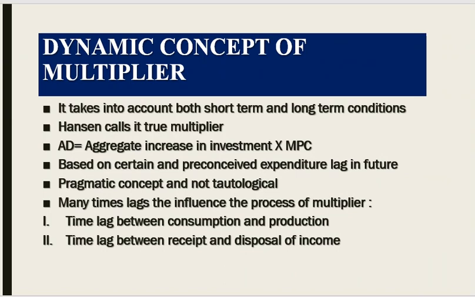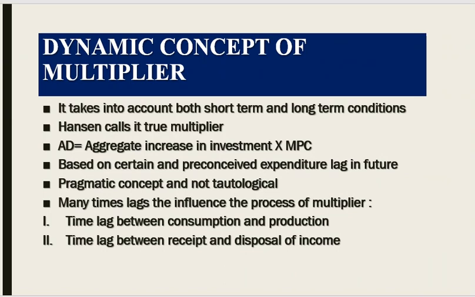When we talk about the dynamic concept of multiplier, it takes into account short-term and long-term conditions. Hansen called it the true multiplier. Aggregate demand is equal to the aggregate increase in investment into the marginal propensity to consume. It is based on certain preconceived expenditure lags in future. It is a pragmatic concept.